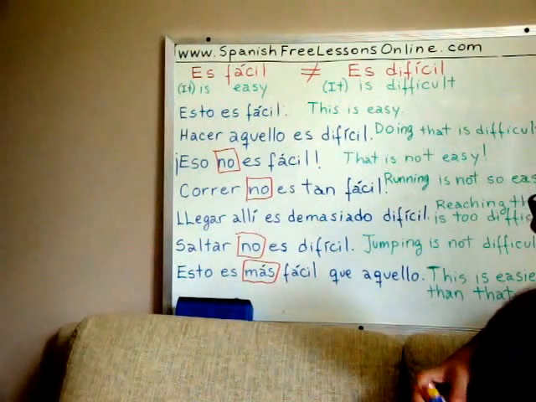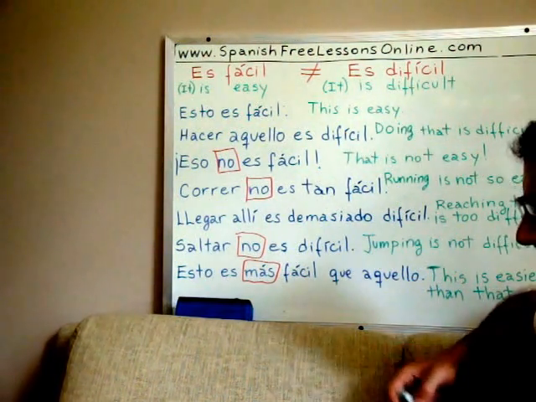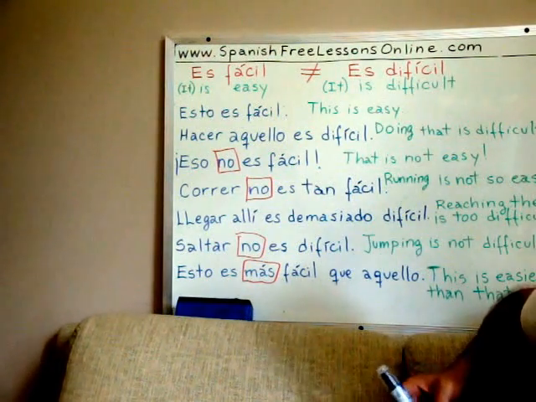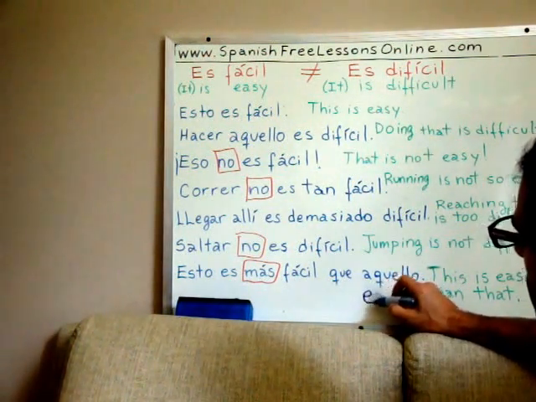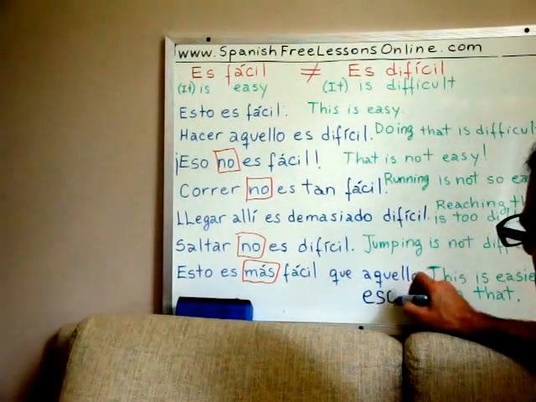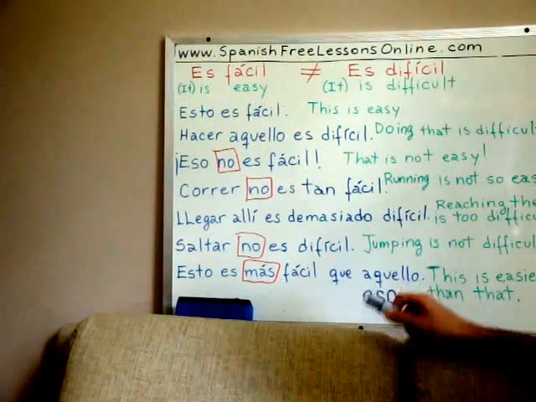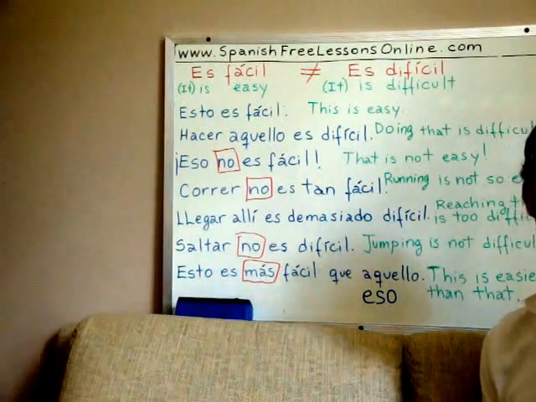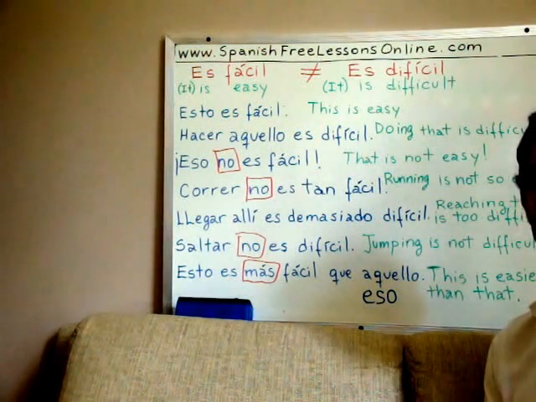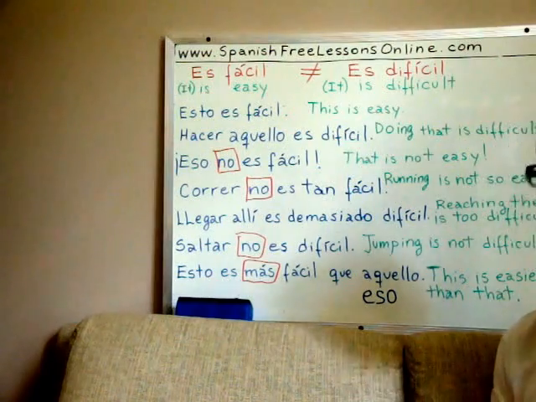For aquello, there is another word that means exactly the same and is as much used. It is the word eso. Yes? Aquello and eso are synonyms, and both of them change their ending whether they refer to a feminine or a masculine noun, or whether it is plural or singular.